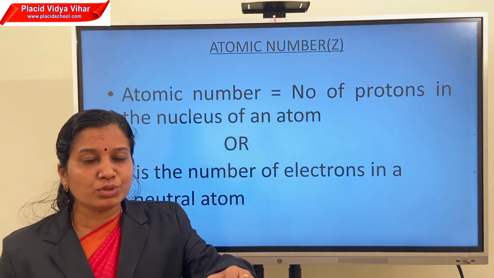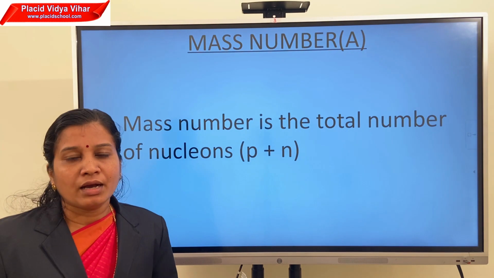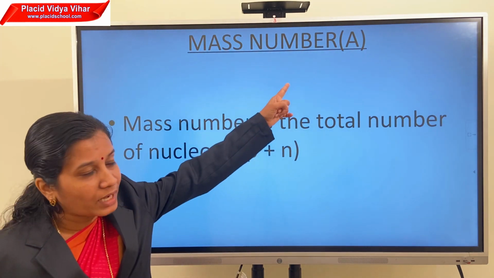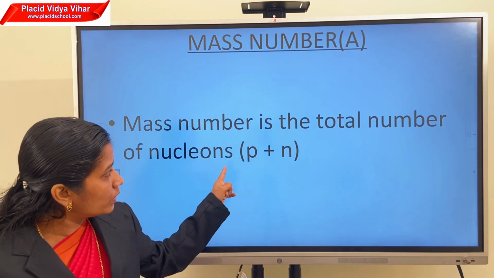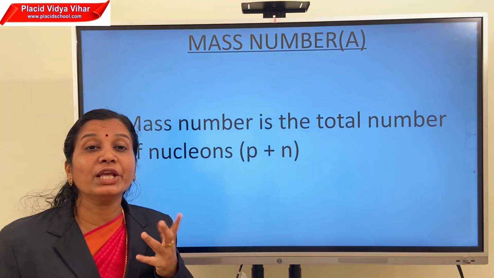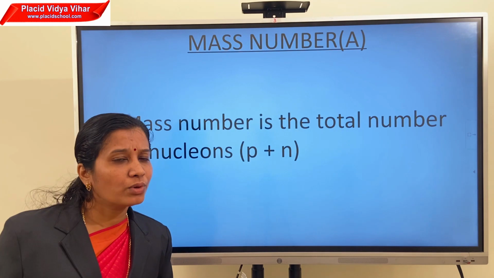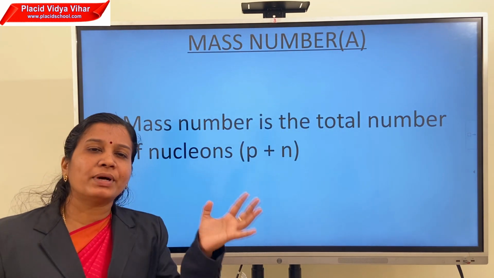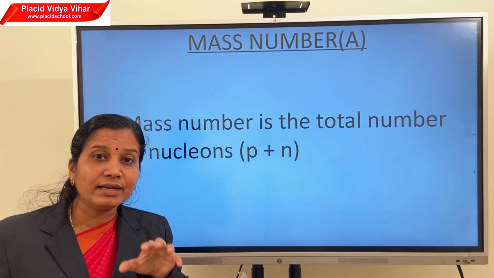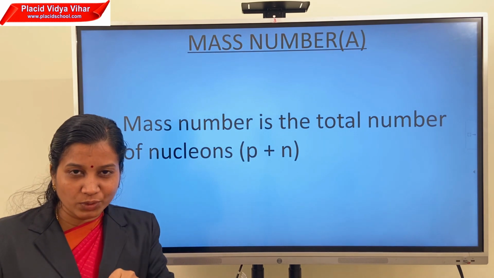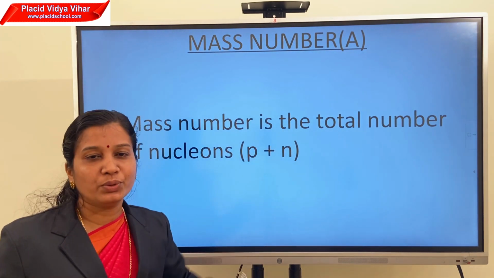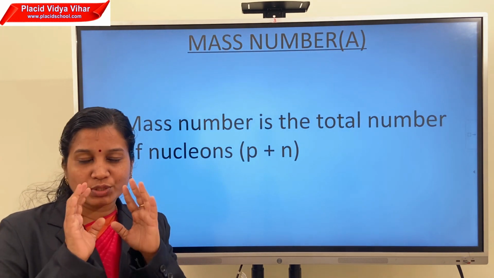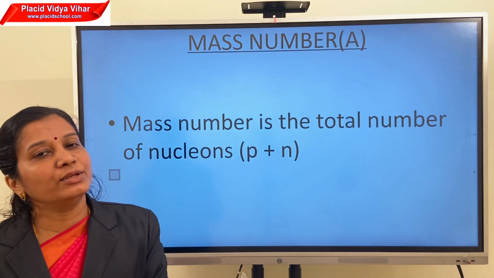Then we move to the mass number. Mass number is denoted by capital A. What is mass number? It is equal to the total number of nucleons. What do we mean by nucleons? The total particles present inside the nucleus. Inside the nucleus there are two particles, proton and neutron, and together they are called nucleons.